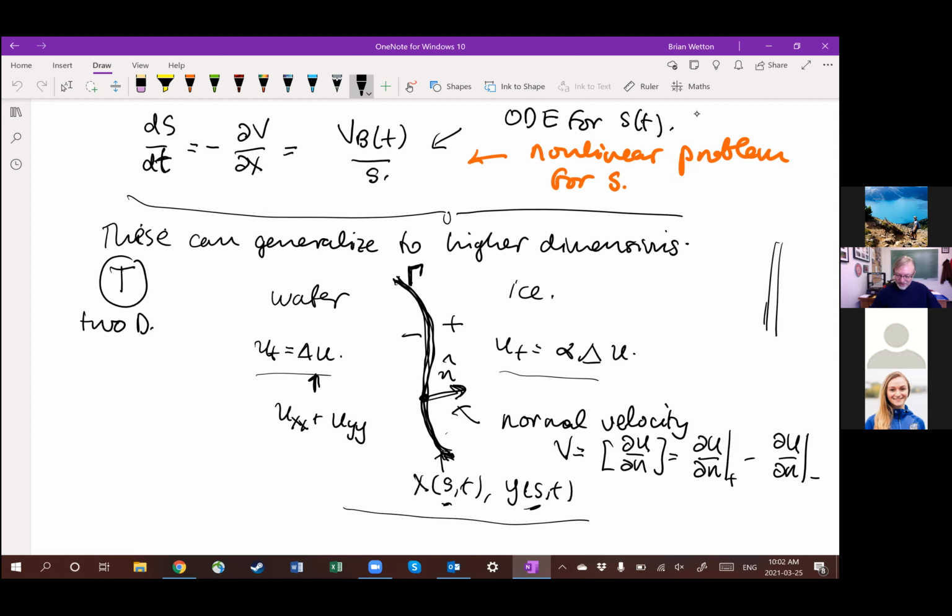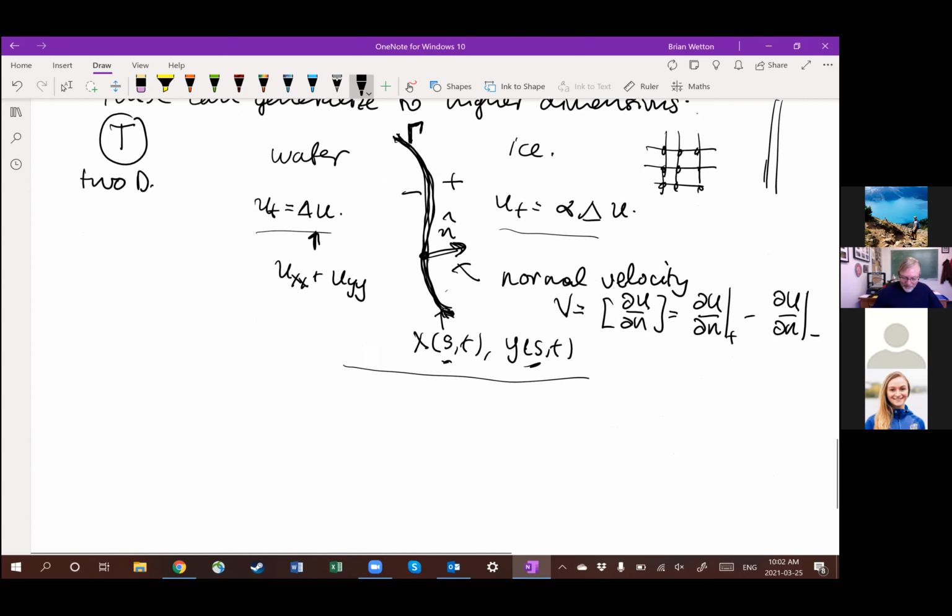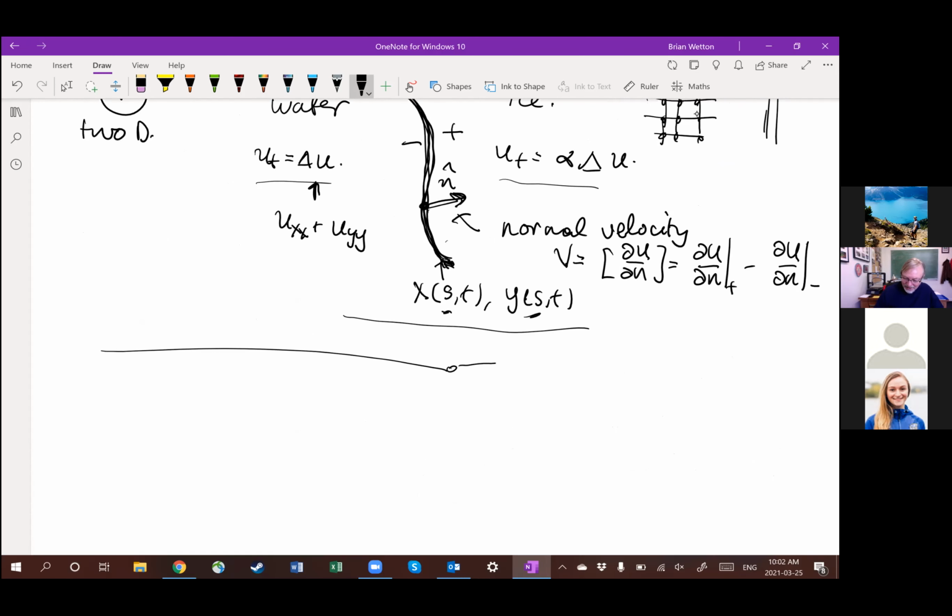So what you want is a method which, instead of tracking that interface, just has a grid and works out basically when you should be ice and when you should be water, and that moves the interface at least approximately in the right way. And that's what's known as a capturing method. So I'm going to tell you about a formulation that's more like a capturing formulation, and why you're stuck with it in some cases, even if you're okay with tracking.